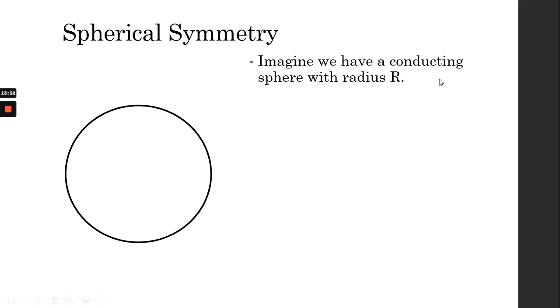So usually you would notice that a conducting object is hollow because the charge is found on the surface and not inside the object. So we have a conducting sphere with a radius r, and the charge of this object is on the surface.